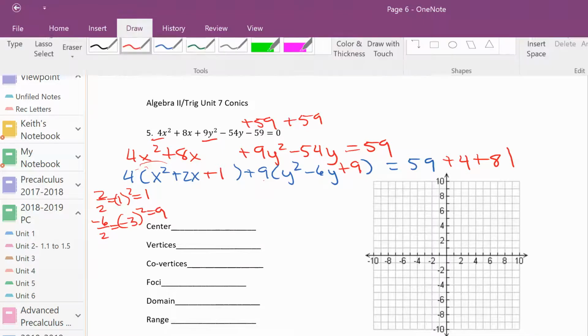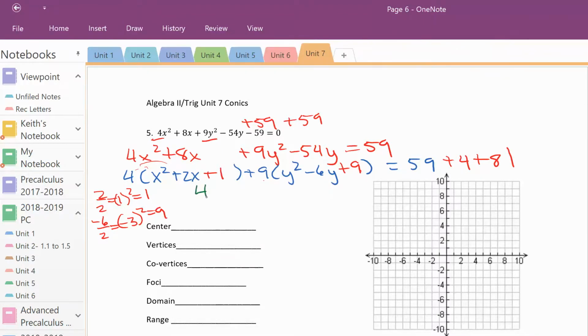So when I rewrite this, I have 4 times (x plus 1) squared plus 9 times (y minus 3) squared equals 144 when I add that all up. Remember, for an ellipse it has to equal 1, so I have to divide by the 144.